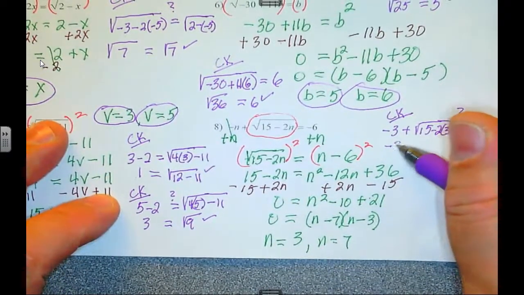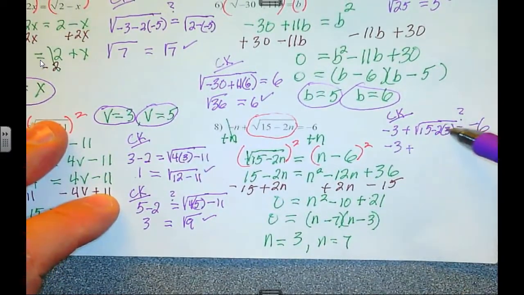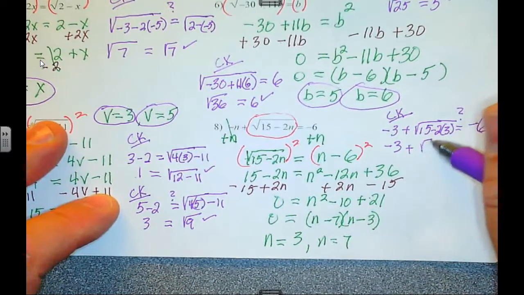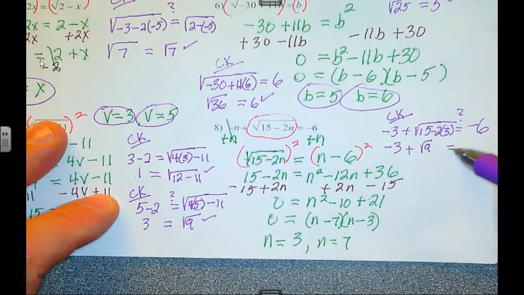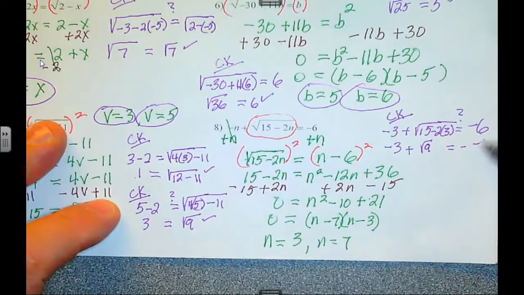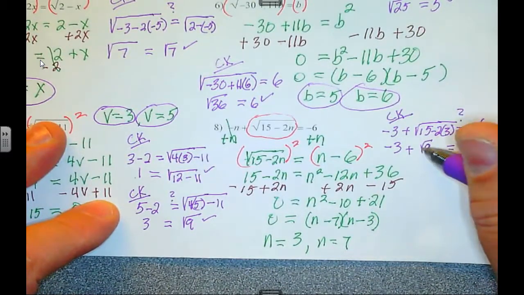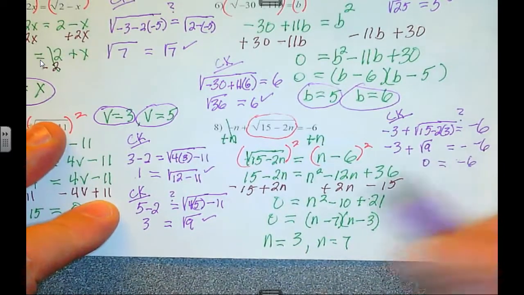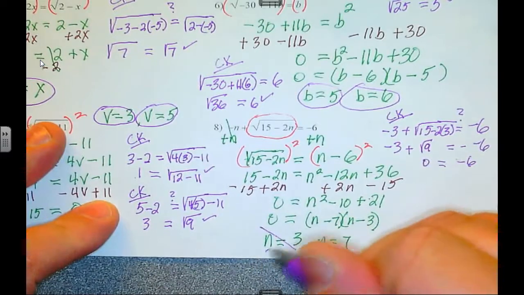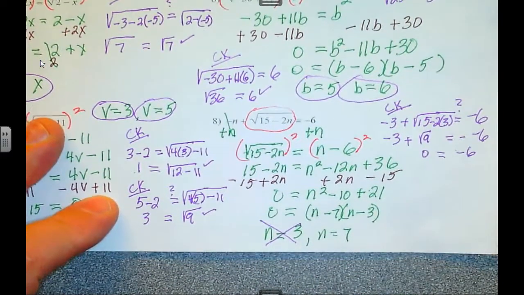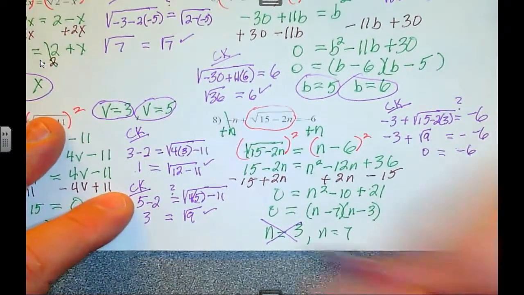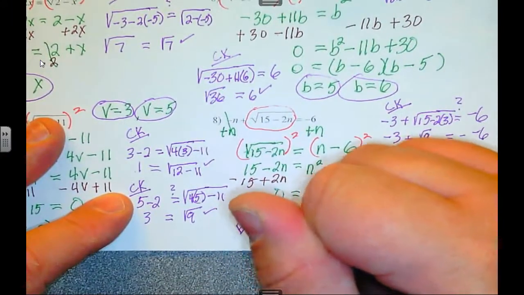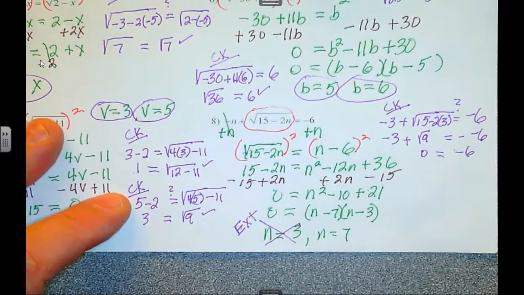Negative 3 plus the square root of 15 minus 6 is 9, square root of 9. Does that equal negative 6? No, it does not. So 3 does not work. You have to cross it out, and you have to put extraneous solution on it. Otherwise, you will not get credit.